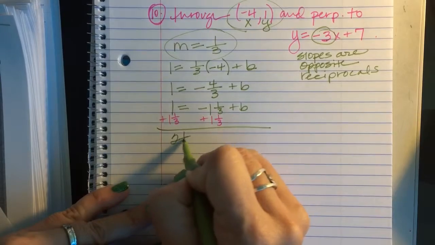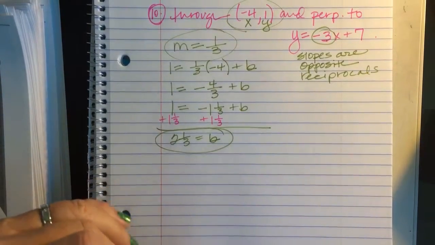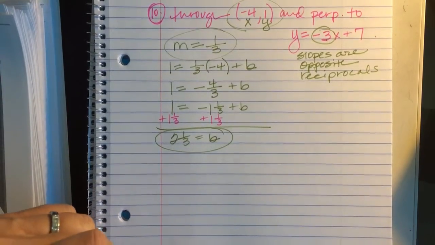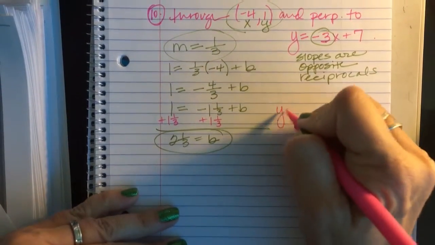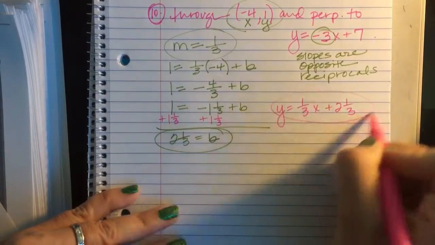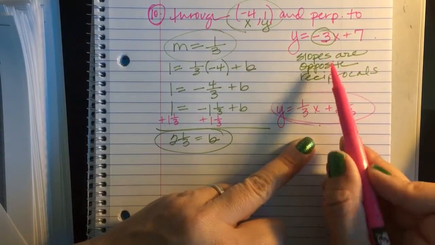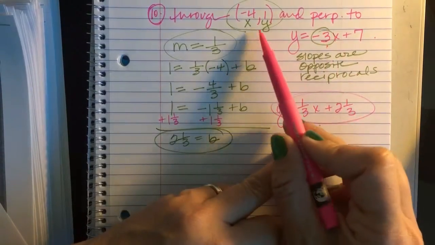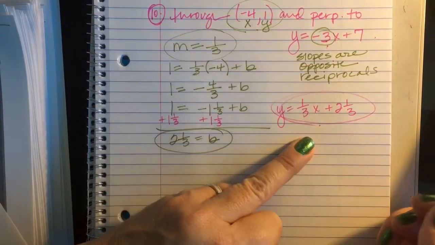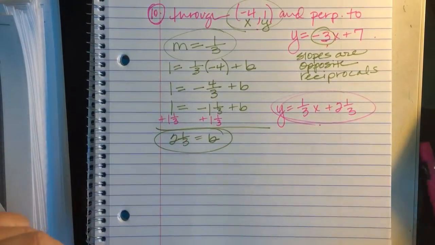So b is 2 1/3. So this equation, once I've got the b value, is y equals 1/3 x plus 2 1/3. This is the equation of a line perpendicular to this one that goes through this point. Perpendicular lines have slopes that are opposite reciprocals.